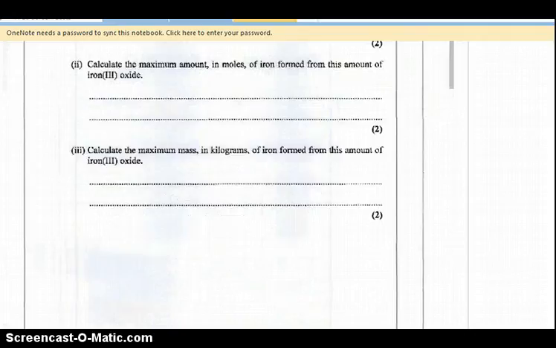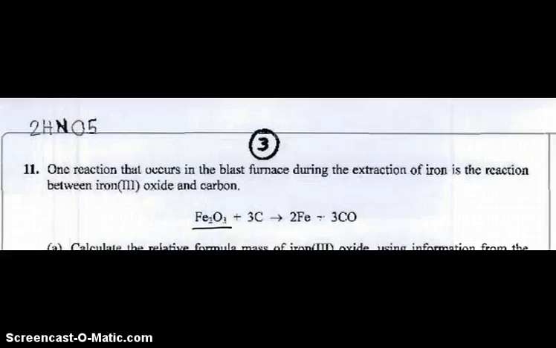So moving on to the next part of the question, it says calculate the maximum amount in moles of iron formed from this amount of iron 3 oxide. So looking back up at our equation, we can see that iron 3 oxide, Fe2O3, plus 3 carbon gives you 2 moles of iron plus 3 moles of carbon monoxide.